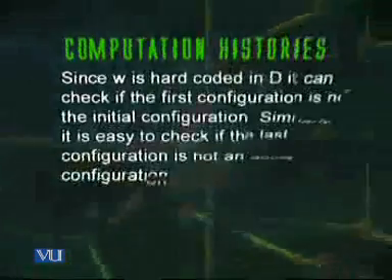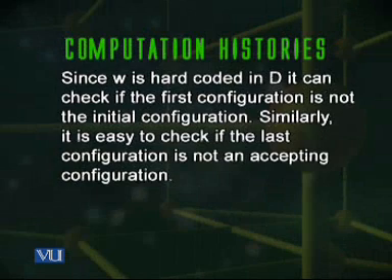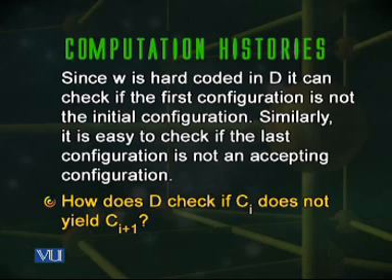So this pushdown automaton D is just trying to make sure that its input is not an accepting computation history of M on w. Let's look at a little more detail. We will hardcode w in D, therefore it can check if the first configuration is not the initial configuration. Similarly, it is very easy for a PDA to check if an accepting state does not occur in the last configuration. On the other hand, how can a PDA D check if Ci does not yield Ci+1?